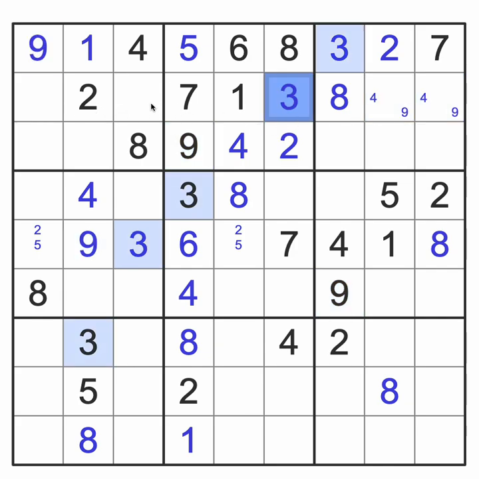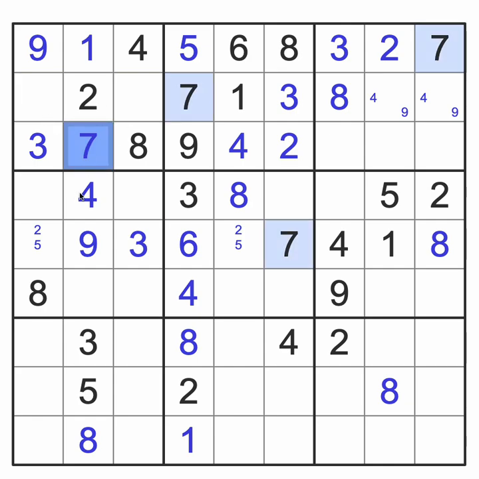3 in box 2 blocks these cells. 3 in box 7 blocks this. Gives me 3 here. These 3 cells are looking for 5, 6, and 7. 7 is in box 2, blocking these 2 cells.